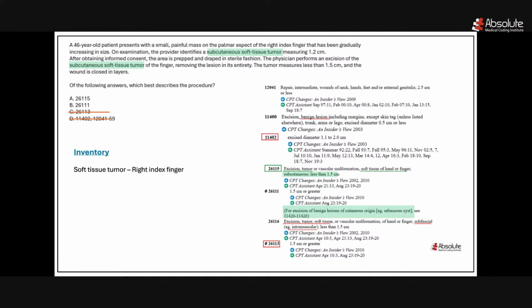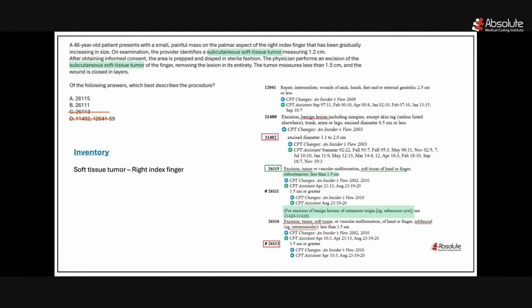Okay, now between option A and option B, option A is coding for 26115 and option B is coding for 26111. So the parent code states that excision is for excision of the tumor or vascular malformation, soft tissue of hand or finger, subcutaneous. Now, this is a correct code selection.